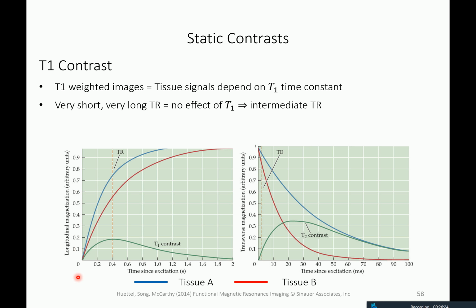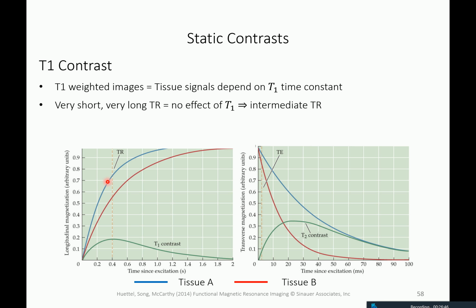So again, here at 0, the excitation pulse, then longitudinal stuff is rebuilding. If you wait too long, their assumption here is that they, as I said 1 minute ago, come up to the same thing. Here, this is where the difference is that you're interested in.